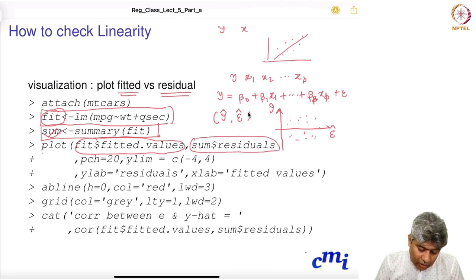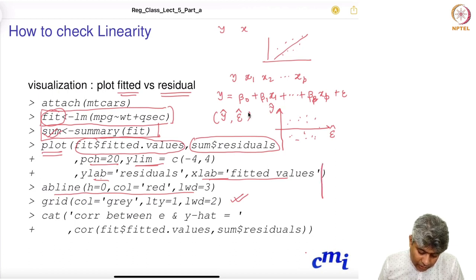Then we plot these two, with a bunch of graphical features: y labels, x labels, the limits of the y-axis, and all these things. We draw an abline as a horizontal line, and we have also asked to draw a grid.